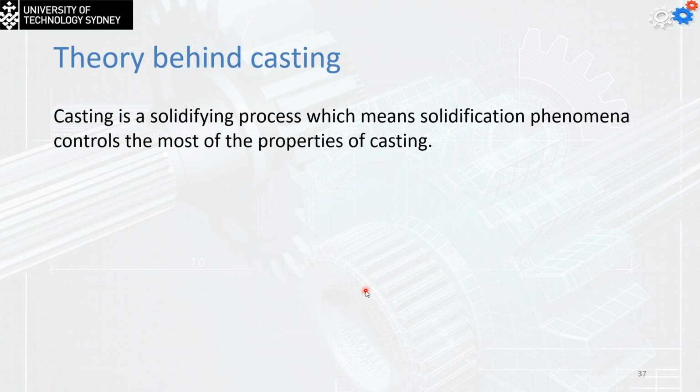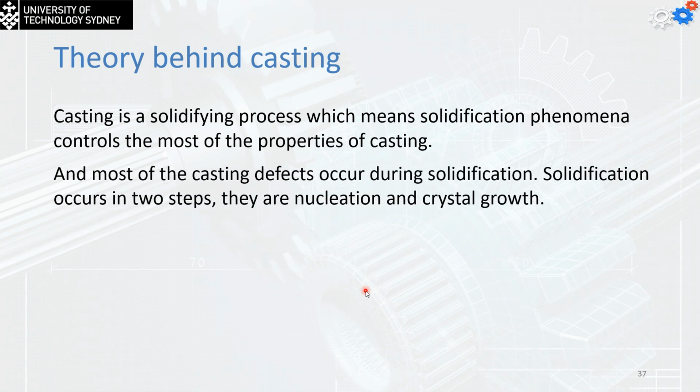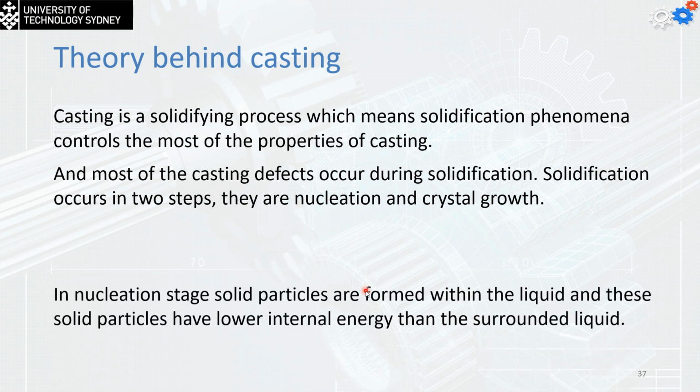The theory behind the casting, this part is from lecture number 4. Casting is a solidifying process, which means that the solidification phenomenon controls most of the properties of the casting. And most of the casting defects occur during solidification, and solidification occurs in 2 steps, which are nucleation and crystal growth.